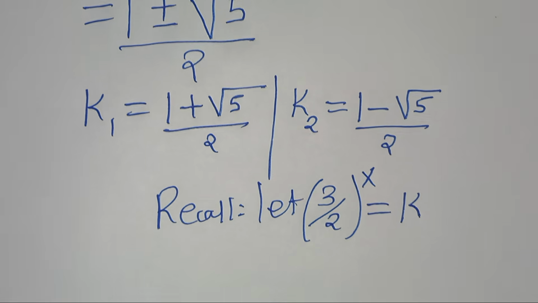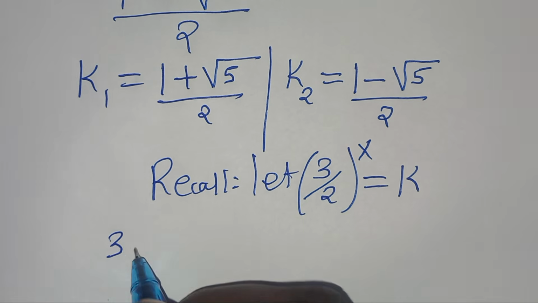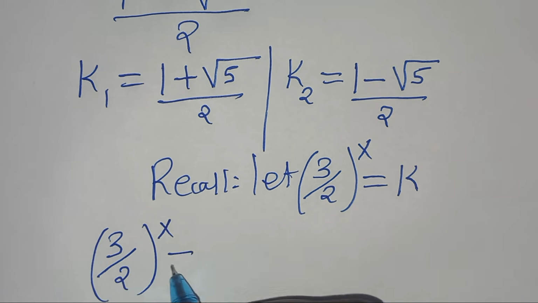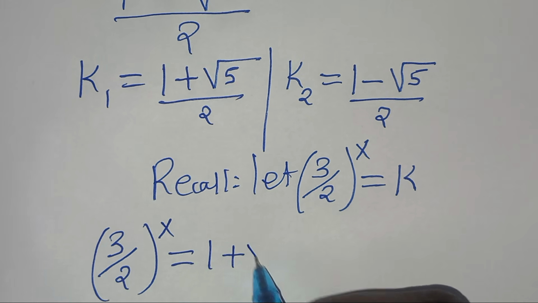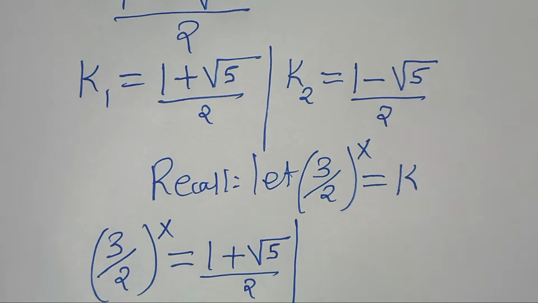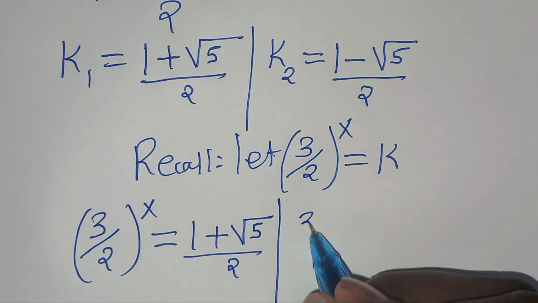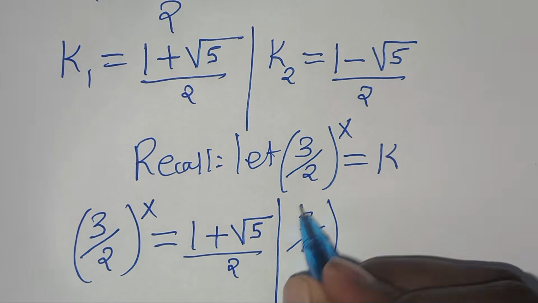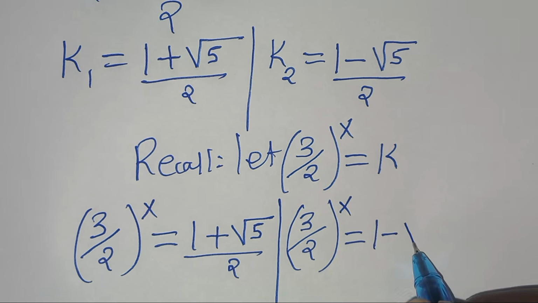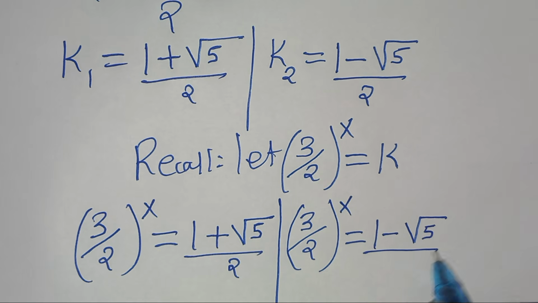So we can substitute this, so that we have (3/2)^x equal to (1 + √5)/2 on one side. On the other side, we have (3/2)^x equal to (1 − √5)/2.